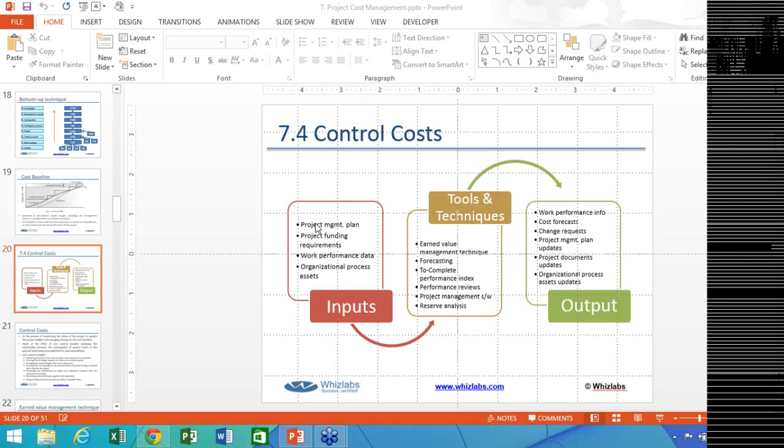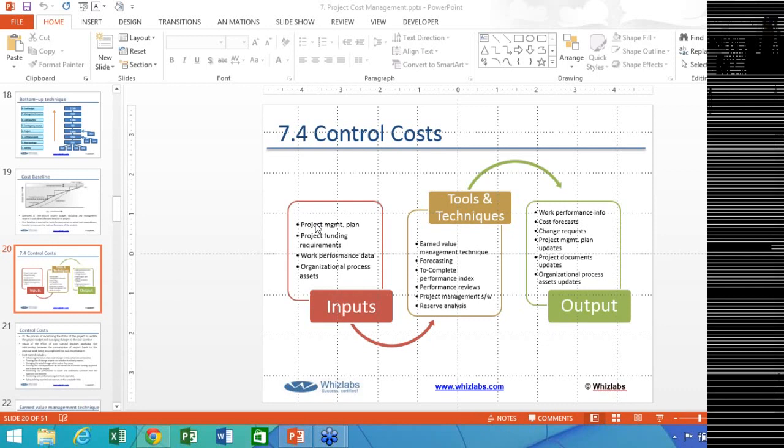The cost baseline is compared with the actual results, and if there are potential deviations, corrective actions are taken, or any preventive measure required is done.